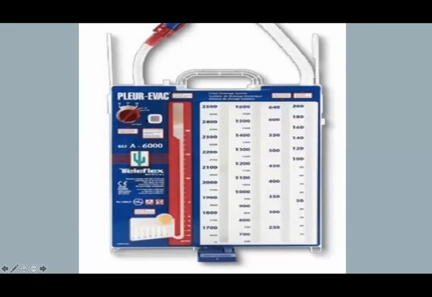This one is empty for the time being. Whenever you see that, it means you're having proper suction. Then you can change your scale here; you have 10, 15, 20, depending on whatever you want.